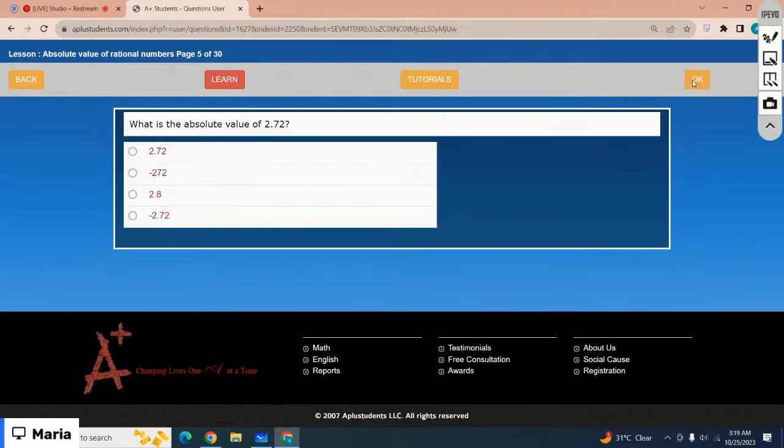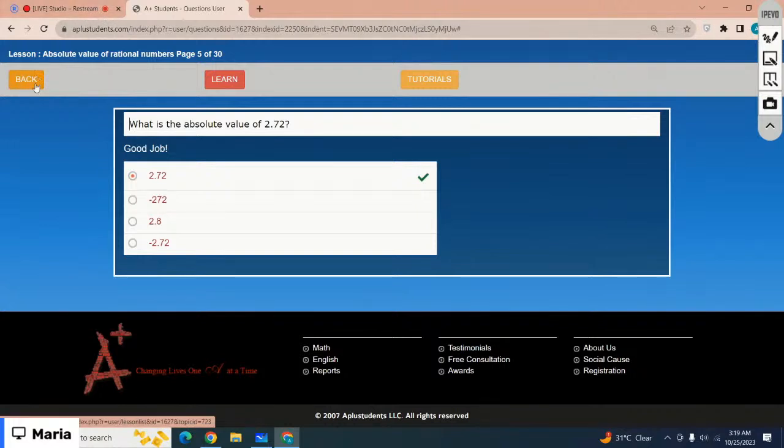What is the absolute value of 2.72? That is 2.72, right? So absolute value means a positive value, right?